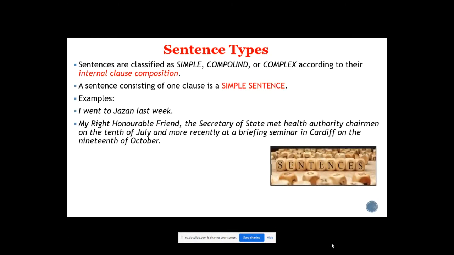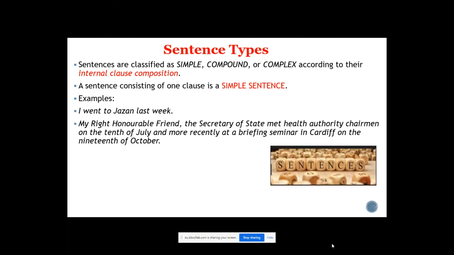And although it is very short, let's have a look here. My right honorable friend, the Secretary of State, met Health Authority Chairman on the 10th of July and more recently at a briefing seminar in Cardiff on the 19th of October. So both are simple sentences, by the way, because both are made up of a subject, verb, and an object.